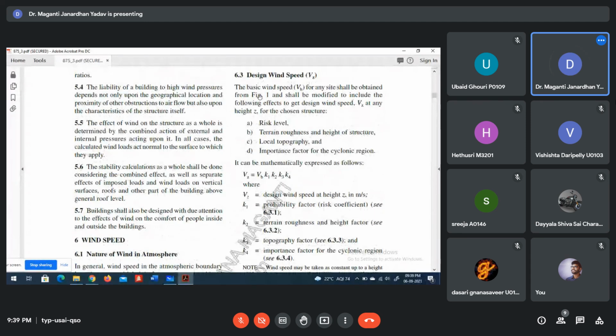This one, clause 6.3, design wind speed VZ. Hello? At a height H, yes, sir, that is in meters per second.